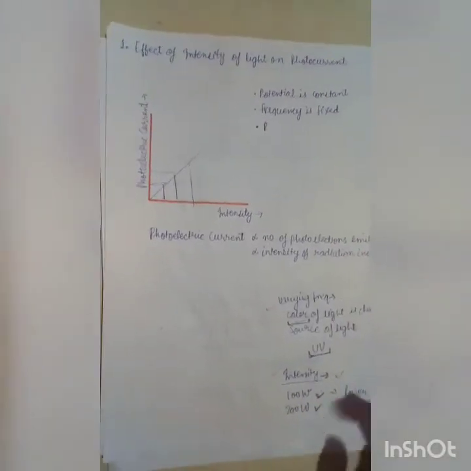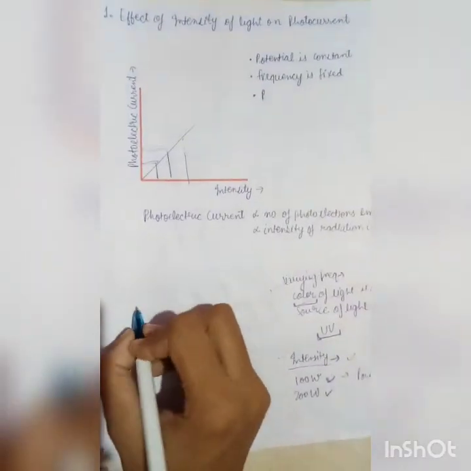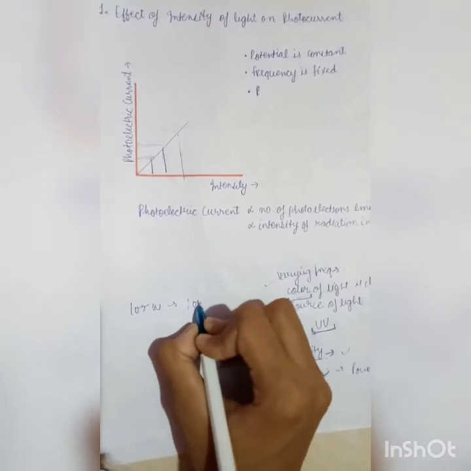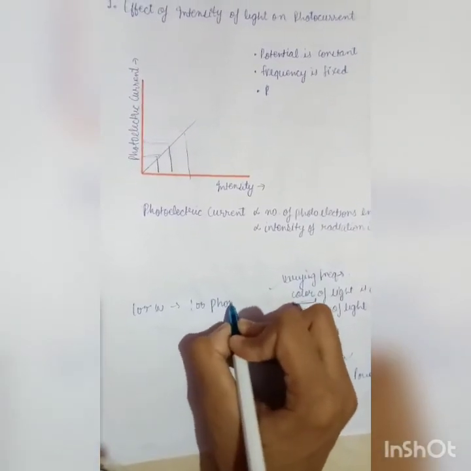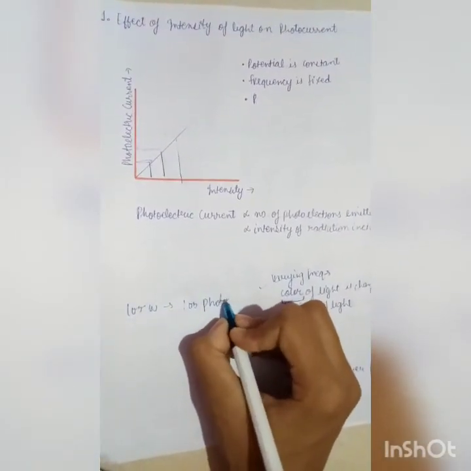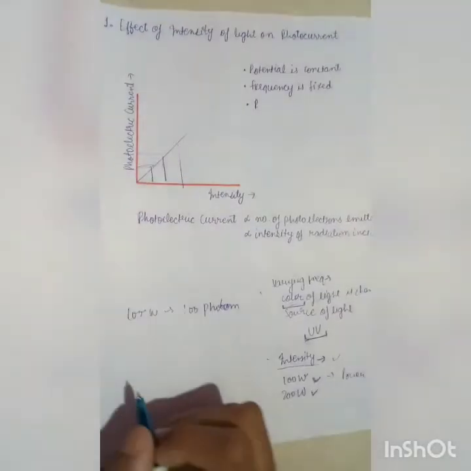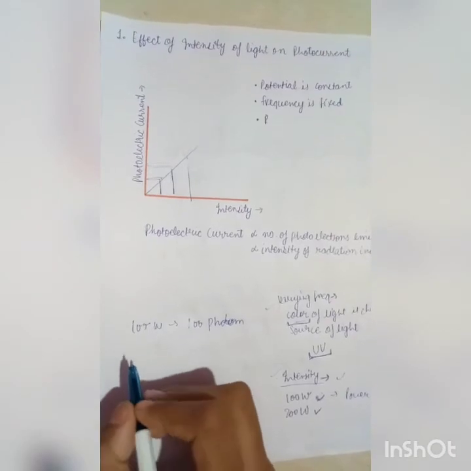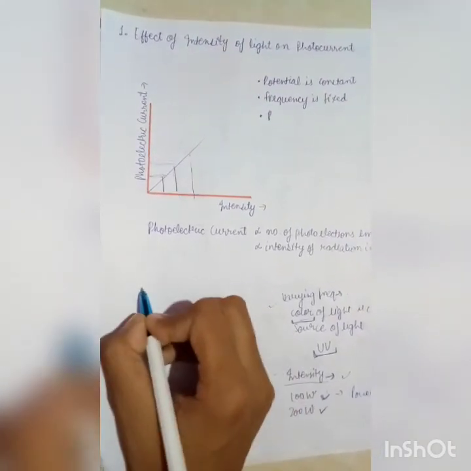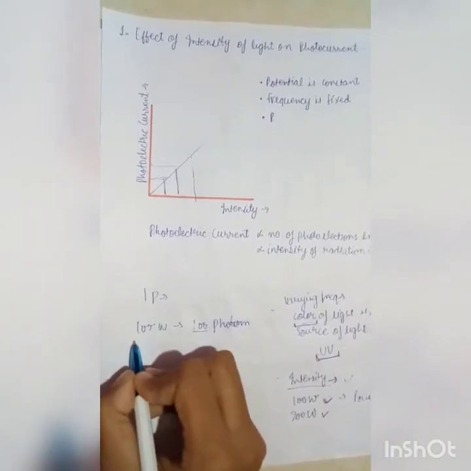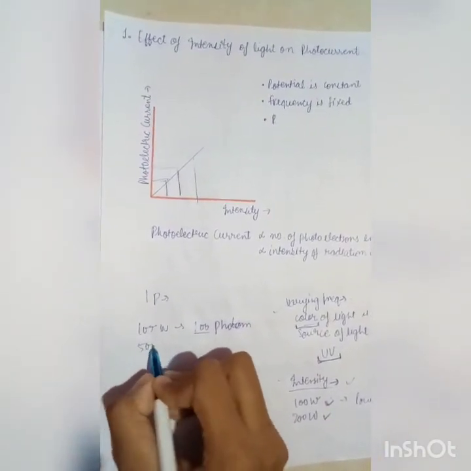What do we mean if I say I have a 100-watt bulb? It means that I have 100 photons per unit time from that bulb, and we already know that the energy of one photon is fixed. And if I say I have a 500-watt bulb, what does that mean?